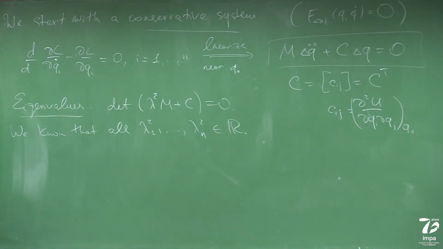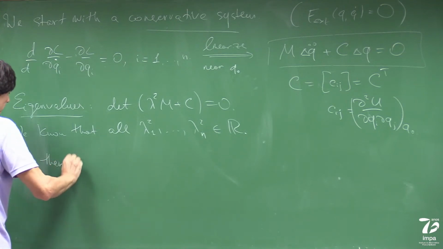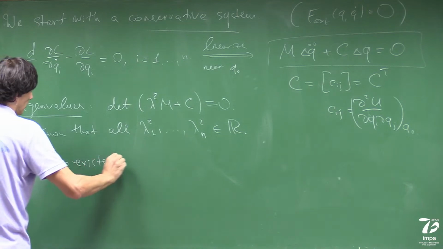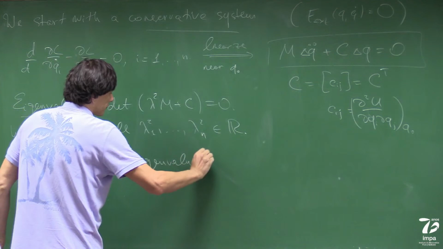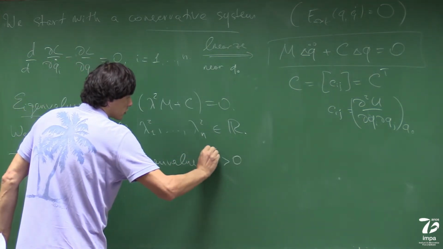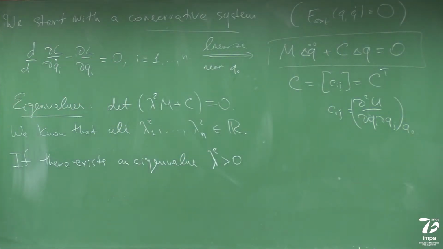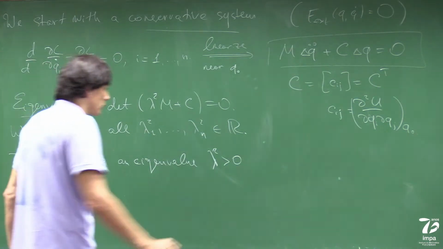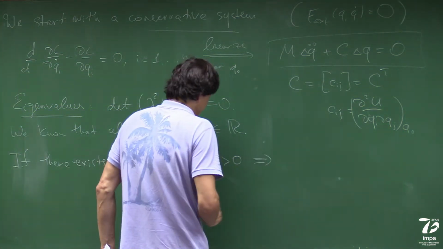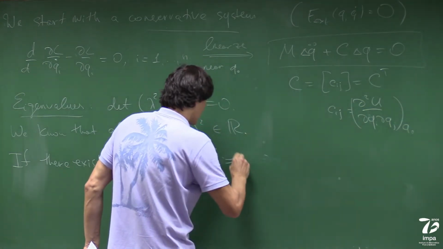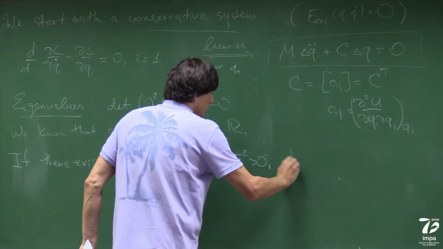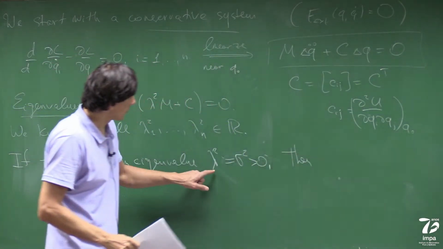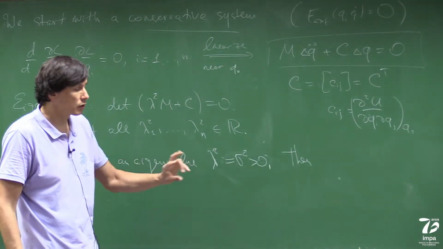Okay, so we can apply this theorem. So if there exists an eigenvalue which is positive, which is square of it is positive, right? Let's say equal sigma square, which is positive. Then the original eigenvalue is the square root, which is taken with both signs.